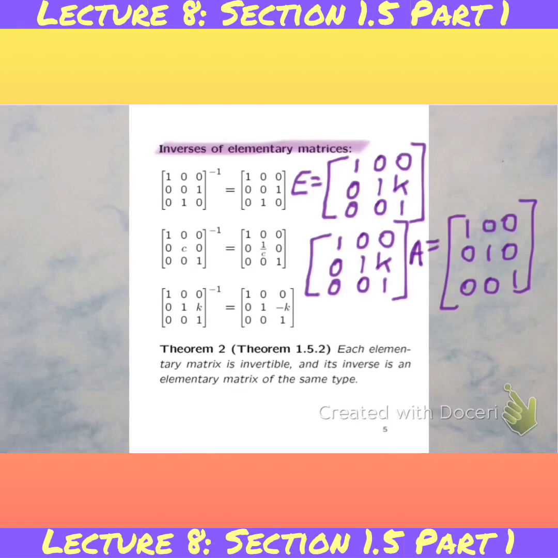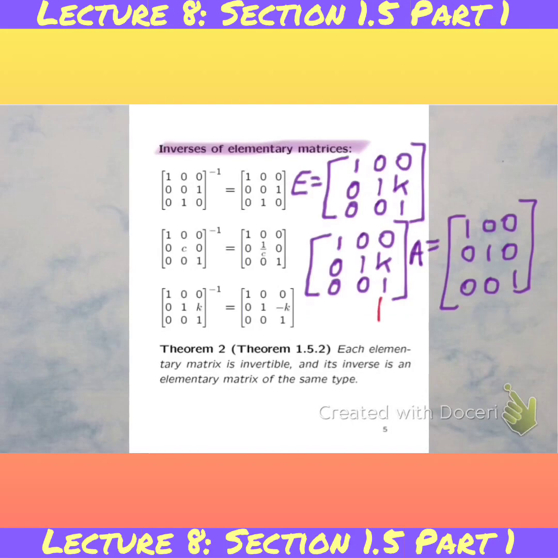How did we get E? We applied that, adding the multiple of the last row of the identity matrix to the second row. So now I need to apply the same operation to A to work out the product. So what do I need to choose A to be so that I get the identity on the right hand side?